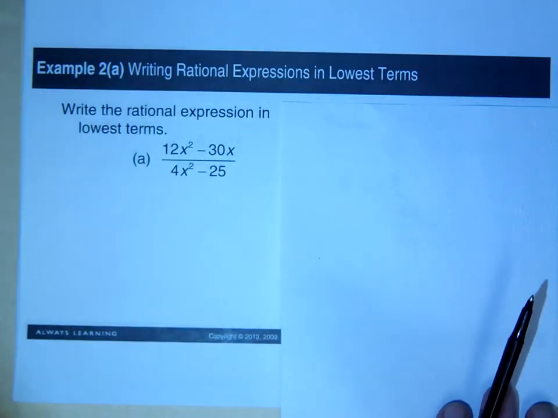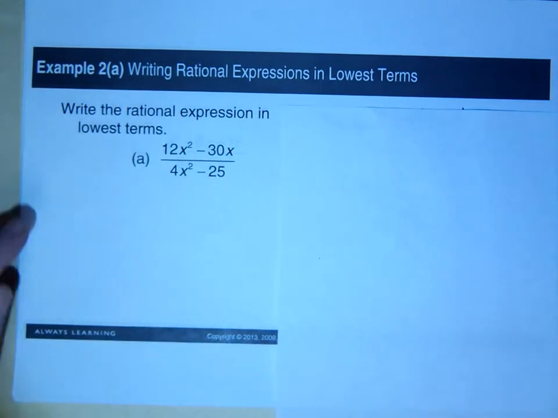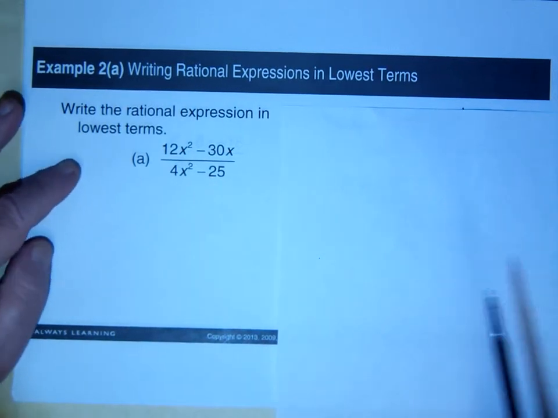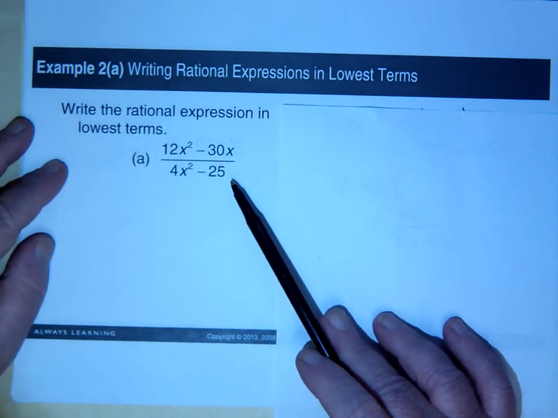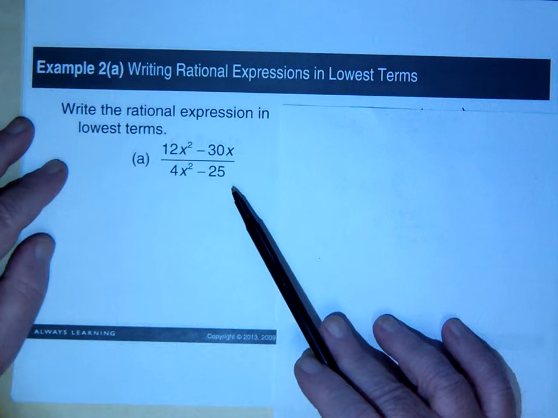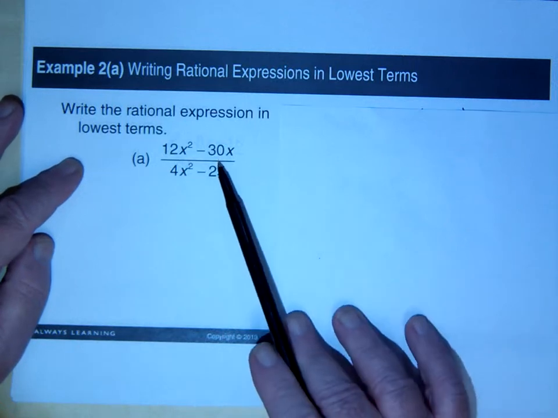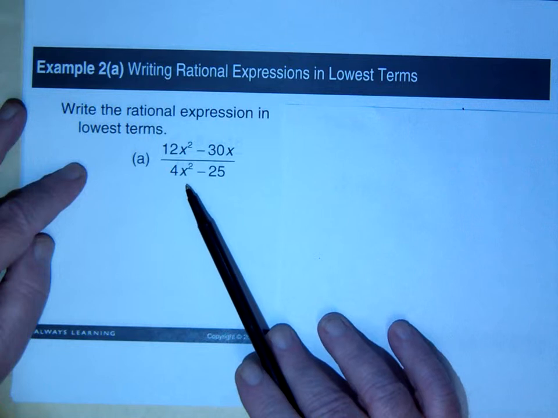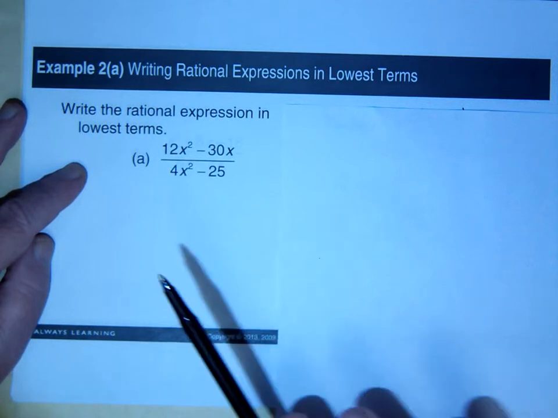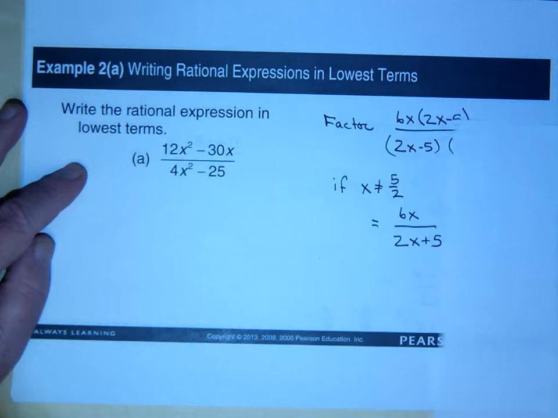Now the next example is talking about rational expressions in lowest terms. That means we need to seek to identify any common factors in the numerator and denominator, and we will cancel them. And so what we do is we will factor the numerator, we'll factor out the common factor of 6x, and we'll factor the denominator into 2x plus 5 and 2x minus 5, and we will seek to cancel common factors.